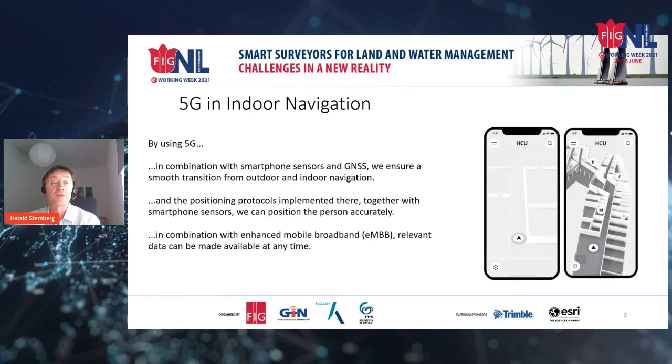We have the positioning protocols from 5G, and we can use smartphone sensors like the accelerometer and the gyroscope to provide an accurate position for the person. In combination with enhanced mobile broadband, we can transfer relevant data like the maps for navigation of the building, just in the moment we are entering the building.